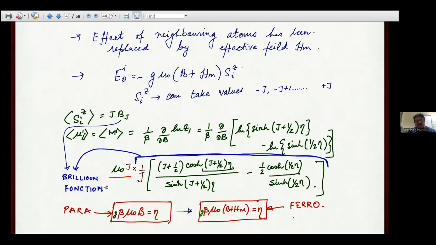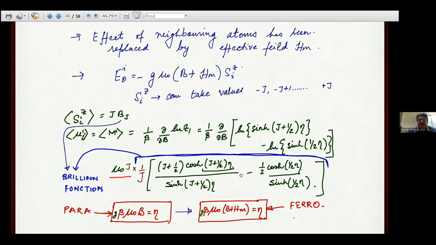You can write a G outside this, into J into the Brillouin function, because the Brillouin function within this blue bracket is the average spin that each lattice site has on an average. So mu 0 J is the average spin. So J into Brillouin function is this, and if you multiply it by mu 0, you get the magnetic moment.